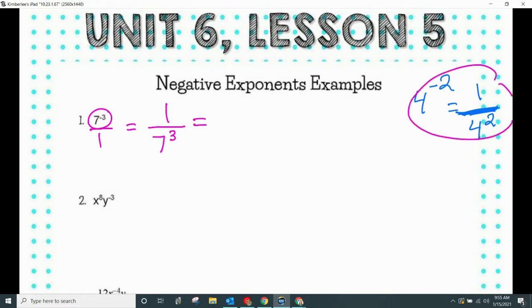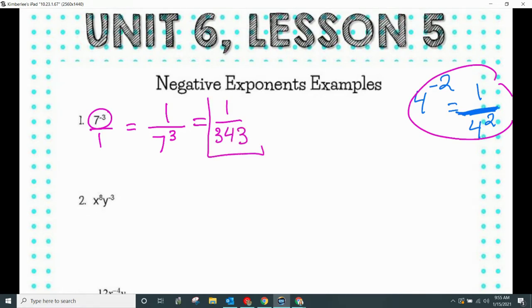You can work that out in your calculator. 7 times 7 is 49, and then 49 times another 7 equals 343. There's your final answer.